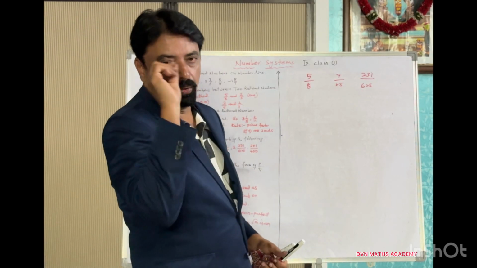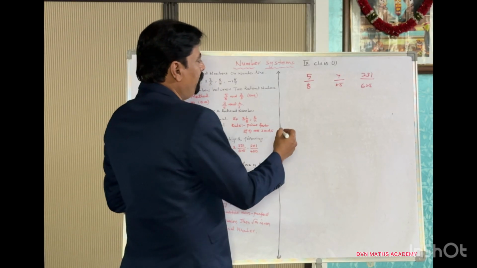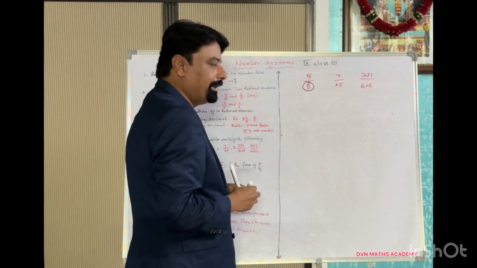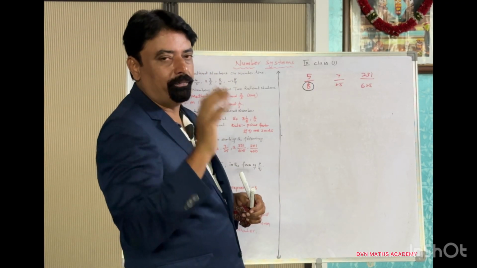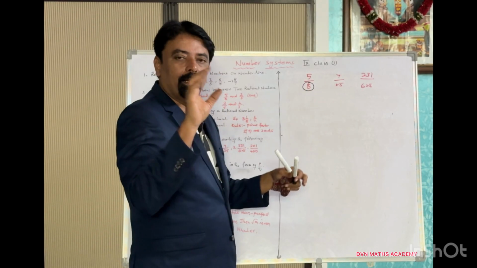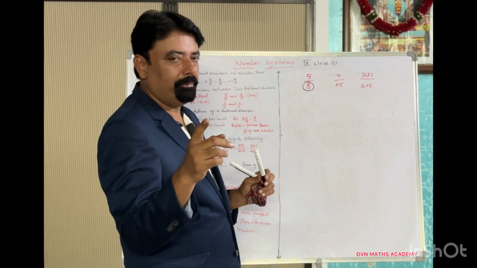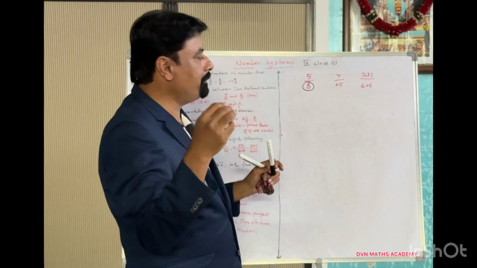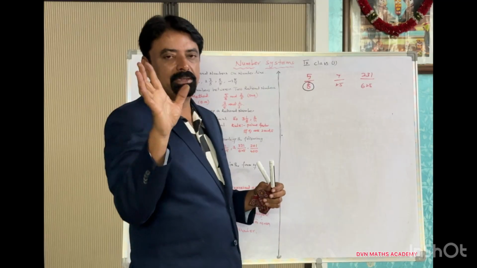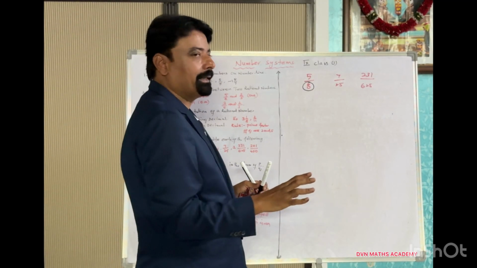So there is a rule. What is that rule? The prime factorization of the denominator is having only the factors 2 and 5. Here you want to concentrate: sometimes it is having only 2 as the prime factor, sometimes only 5 as the prime factor, sometimes both 2 and 5 as prime factors.